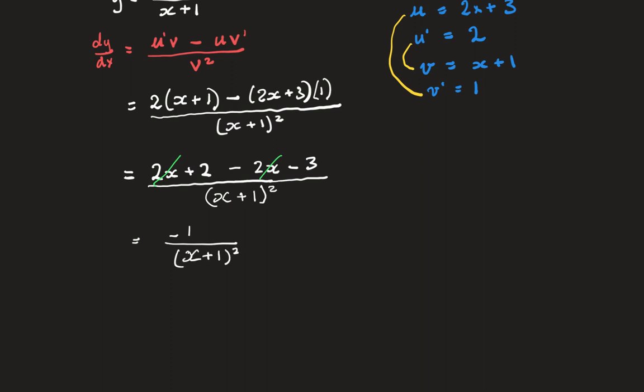We do not need to expand that, because all we're interested in is substituting the values of x now to find the tangent. As this is the gradient function, we now need to substitute the x values to find the tangent.